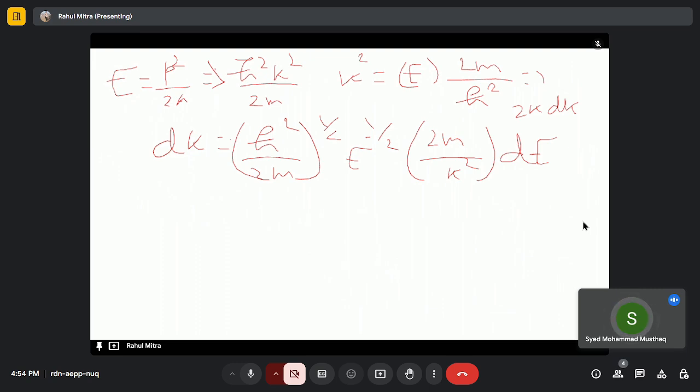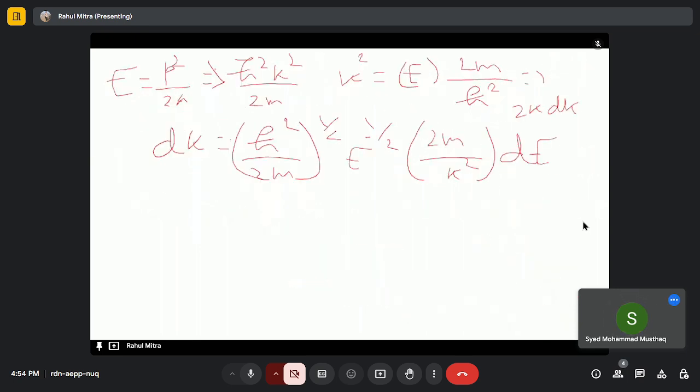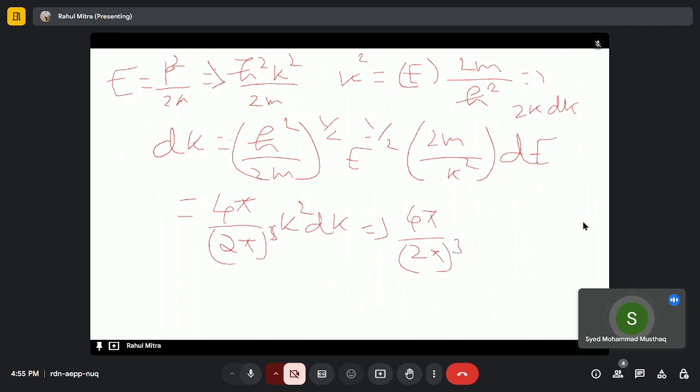Now substituting this dk value in this equation, so let me write it. What was that value? 4π by (2π)³ k² dk, which will be equal to 4π by 2π³ times (2m/ħ²)^(3/2) E^(1/2) dE.